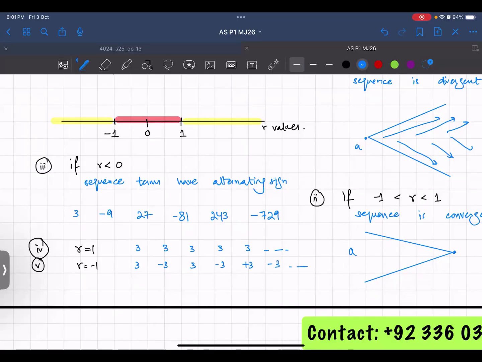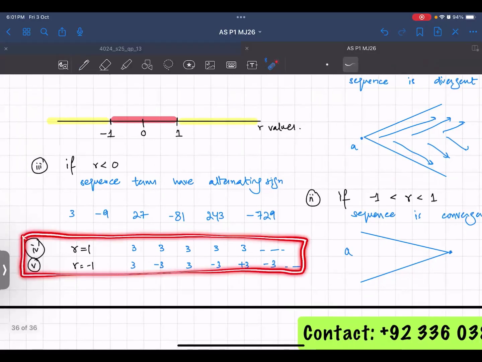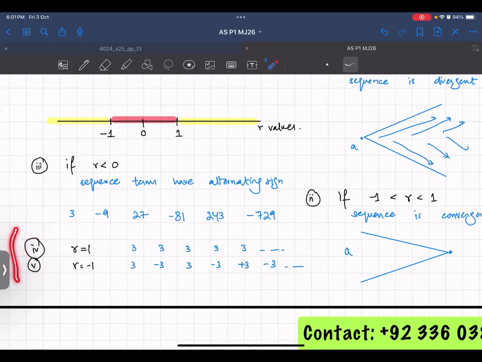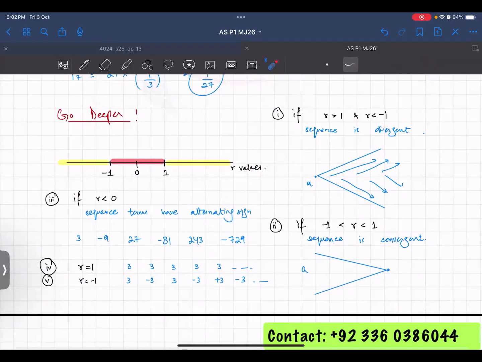The signs change because of the negative R, but the magnitude doesn't change. You will never actually see these cases. I'm just giving you an explanation for a deeper understanding of how R affects your sequence. If R is 1, this is what happens; if R is -1, this is what happens to the sequence.